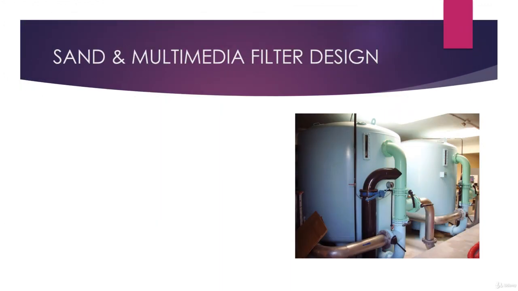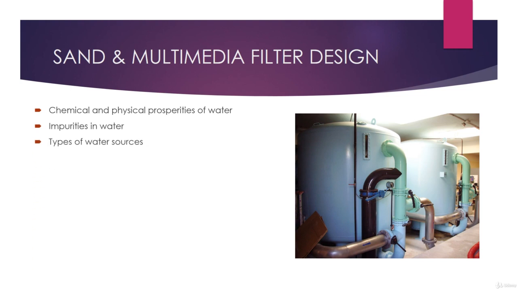Now, a quick overview of the content of each of the 5 sections in this course. The first section is the section on designing sand and multimedia filters. In this section, we will first learn about some important physical and chemical properties in the field of water treatment and some terms and expressions that must be known before proceeding to study the details of the design steps, whether in this section or the other sections we deal with in the course or other systems in the field of water treatment.